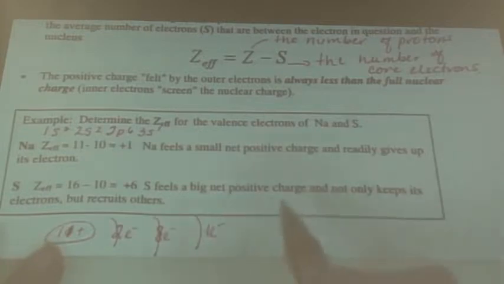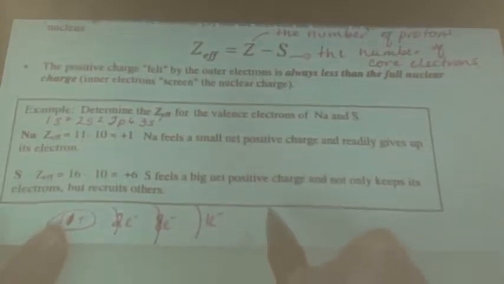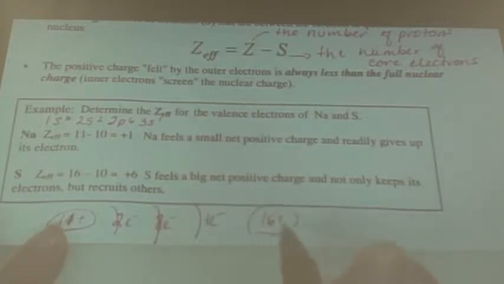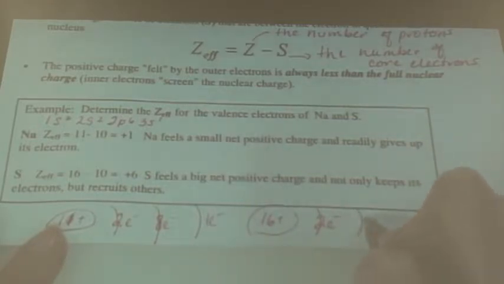Down the period, correct? Sulfur has how many protons? 16 protons. The neutral atom has 2 electrons in the first, 8 in the second, and 6 in the third. Is that correct? Okay.